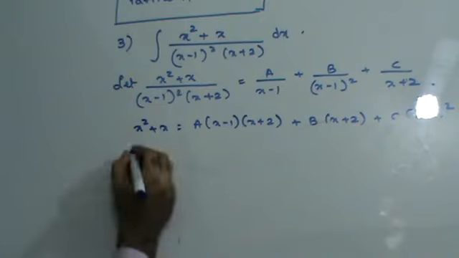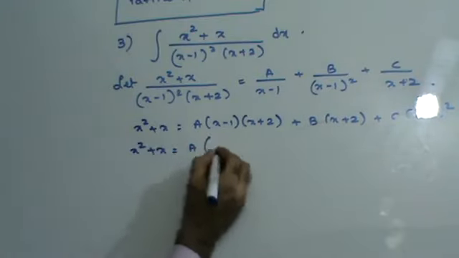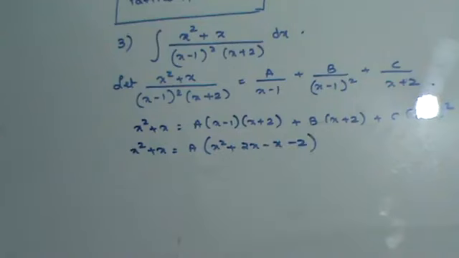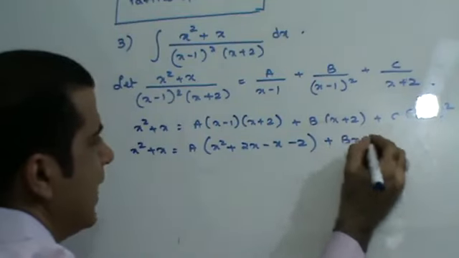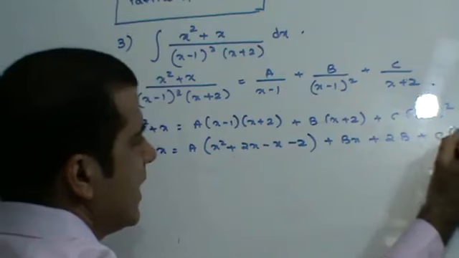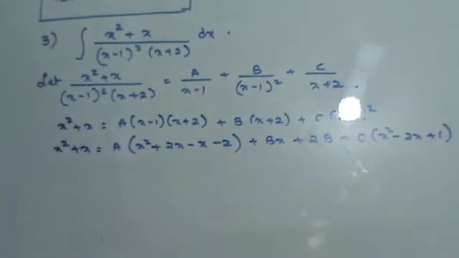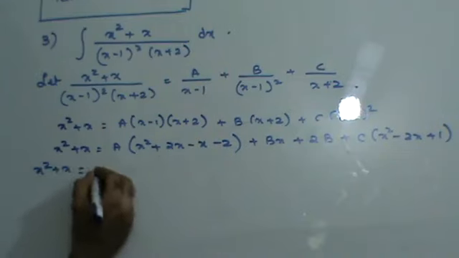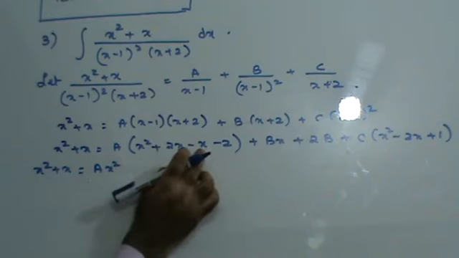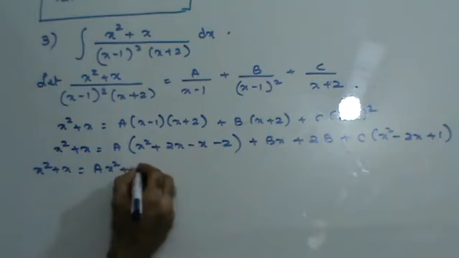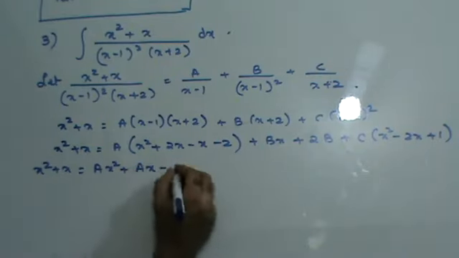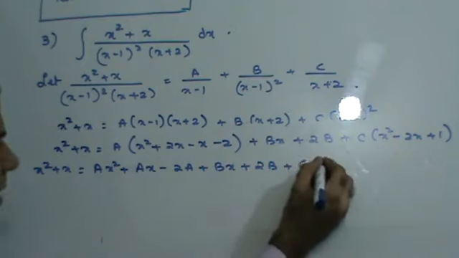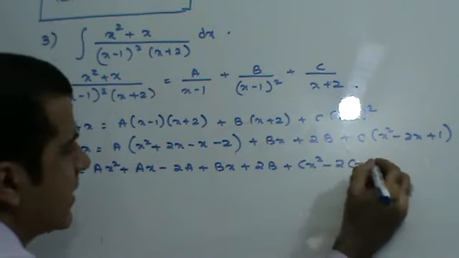Common denominator gets cancelled. x square plus x equals a, expand, x square plus 2x minus x minus 2, plus bx plus 2b plus c, x square minus 2x plus 1. x square plus x, ax square plus 2x minus x is plus x into a is going to give you ax minus 2a plus bx plus 2b plus cx square minus 2cx plus c.